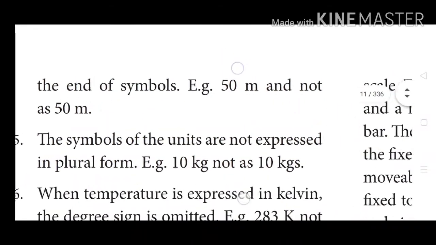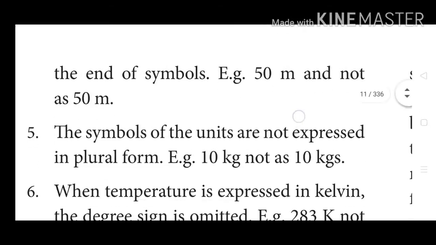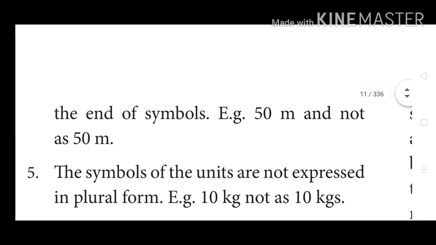Example, 50 m, not 50 m with a full stop. The fifth point is that symbols of units are not expressed in plural form. Example, 10 kg, not 10 kgs.